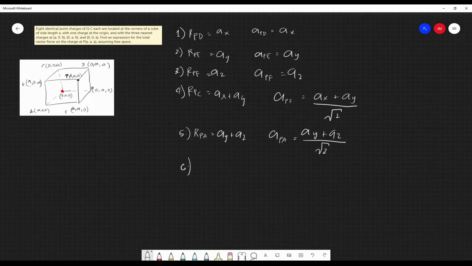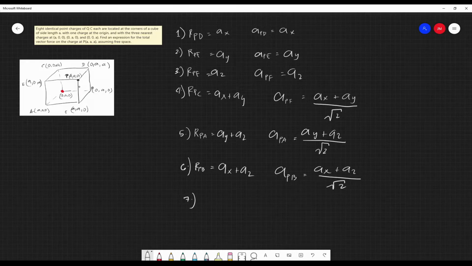Oh, I didn't do B. So R_PB: since the y is present, subtracting point B from point P, we get x and z only. So a x plus a z, and the unit vector is a_x plus a_z, all over square root of 2.